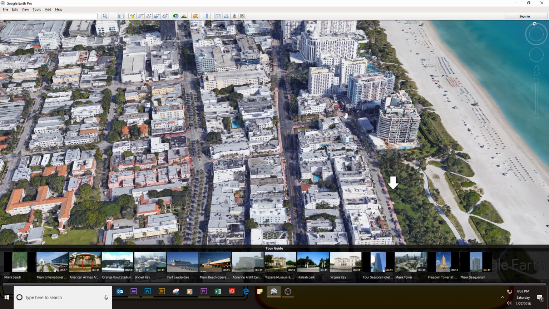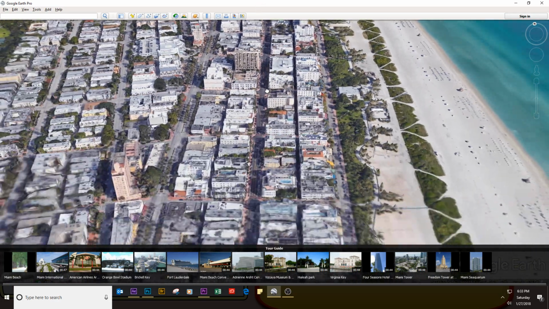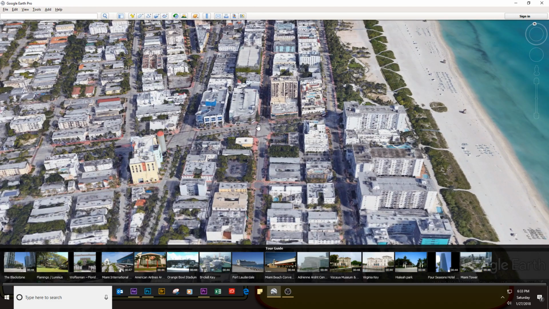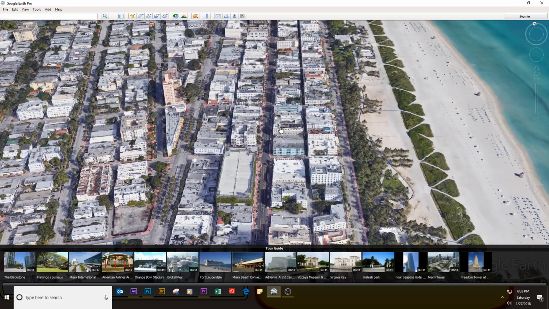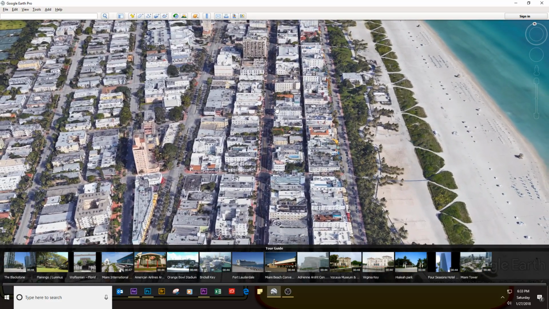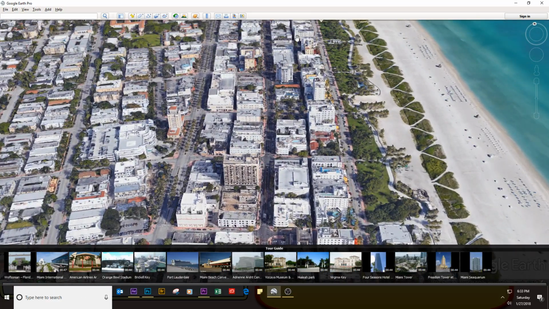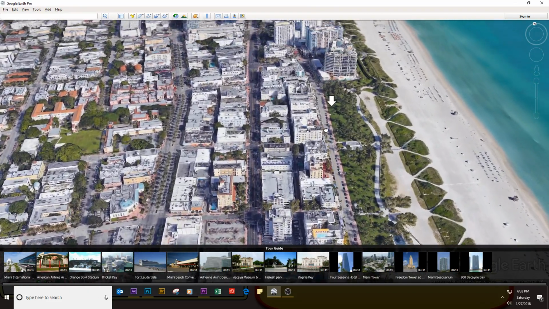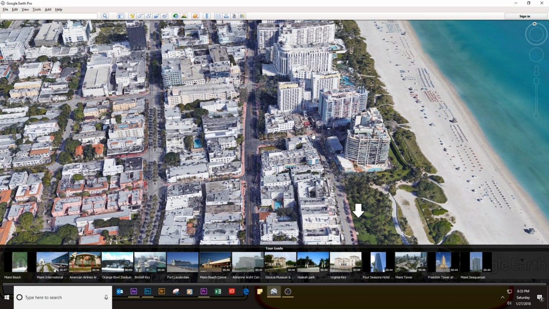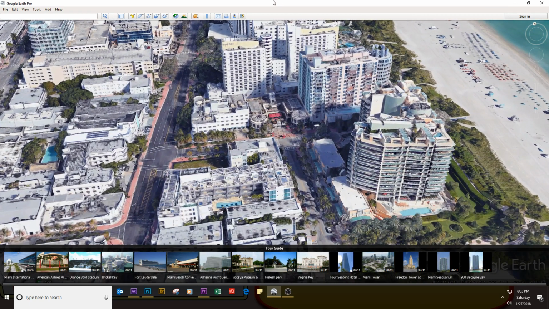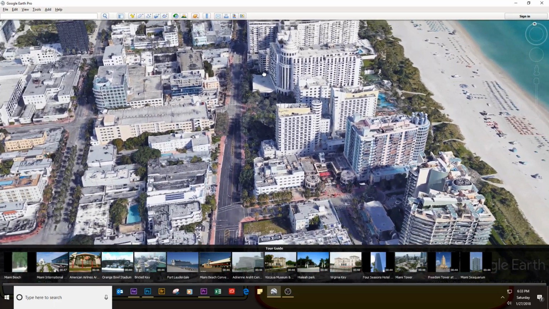Ocean ends right here on 15th Street, makes a left, and goes back up Collins. See these sides of these condominiums? Okay? So you go up Collins.